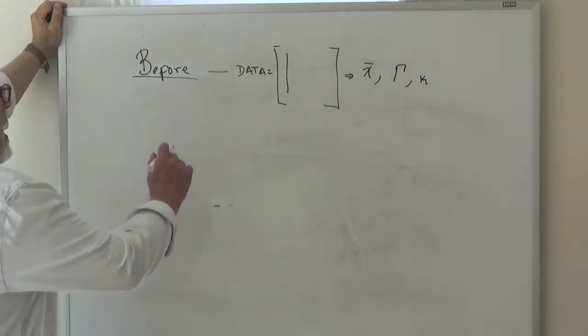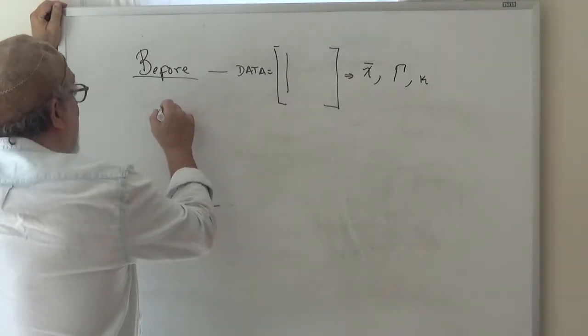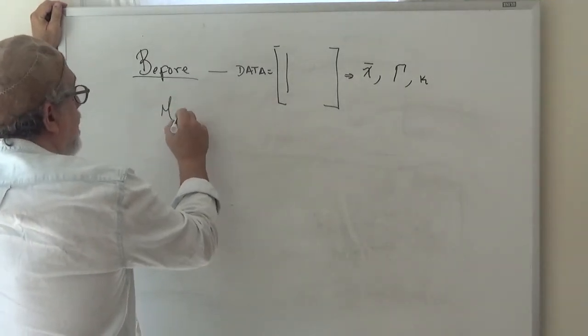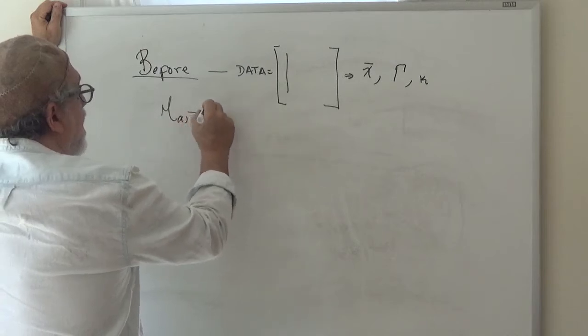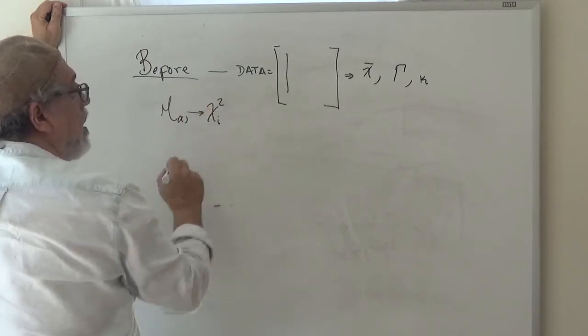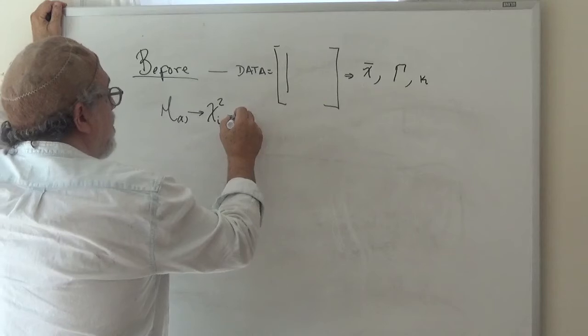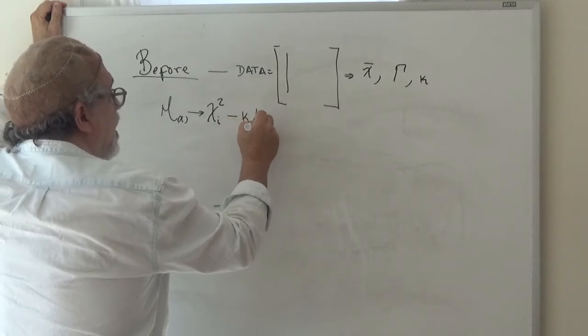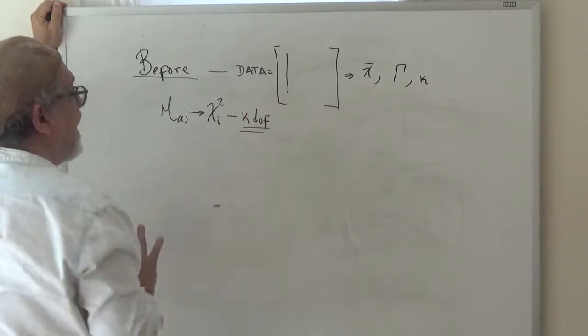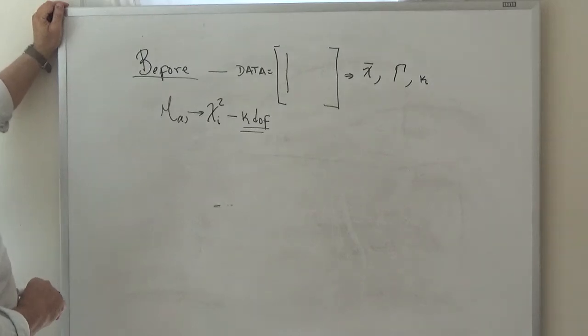And from that we say that the Mahalanobis distance of that data is chi-squared with k degrees of freedom. Right? That's true. Now, the question is, what happens after damage?